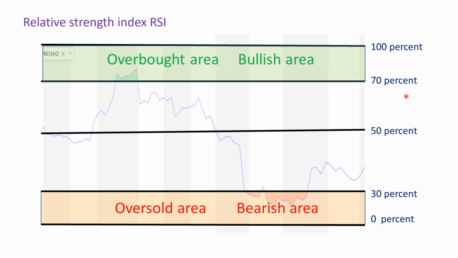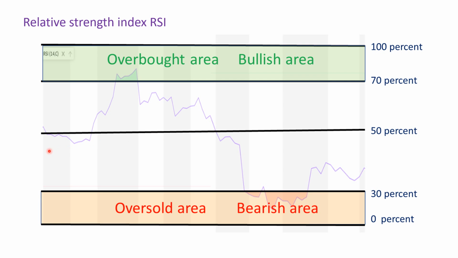Let's say you can make it 20/80. When price is between 0 and 30, you are in oversold area or bearish area. When price is between 70 and 100, you are in overbought area or bullish area. When price is on 50% line, it means the power of buyers and sellers are equal.